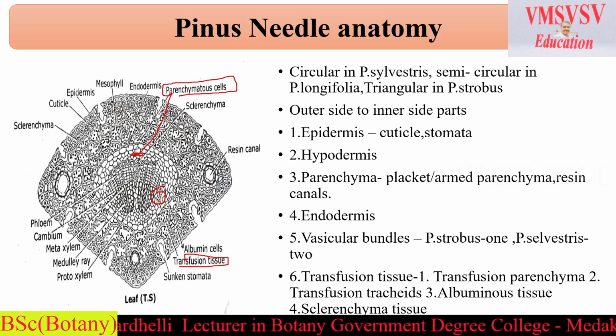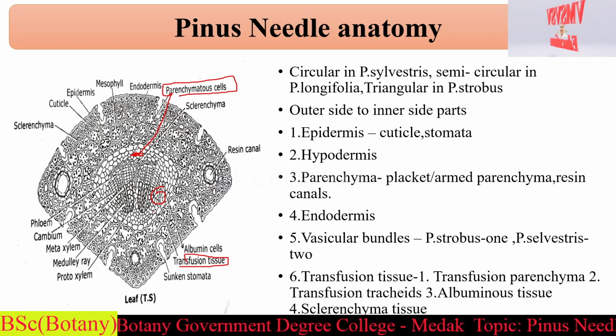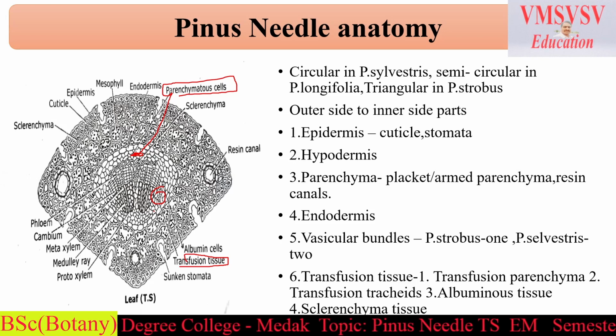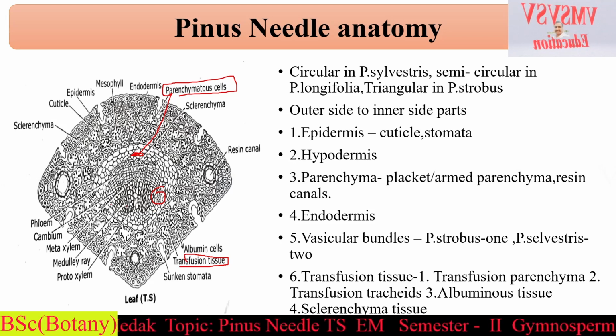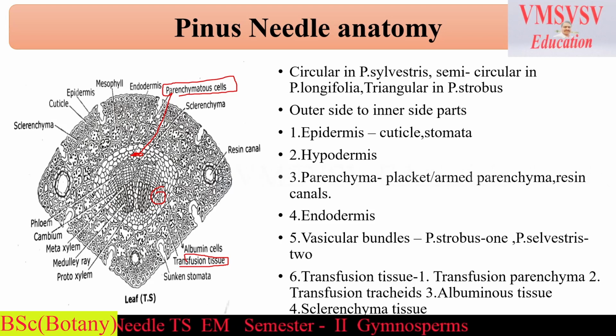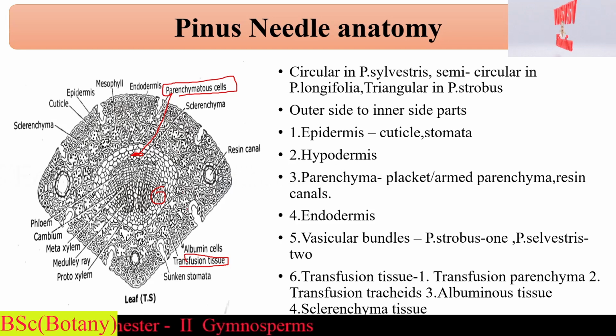The cells are very thick, with a thick cell wall, and dead cells with bordered pits and radial walls. Those cells are called transfusion tracheids. These are also useful to transport the water from vascular bundles to the lateral parts.